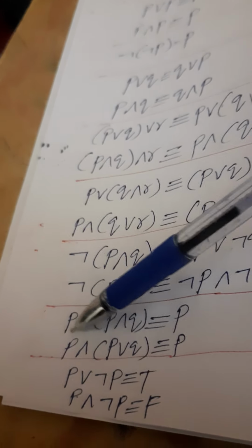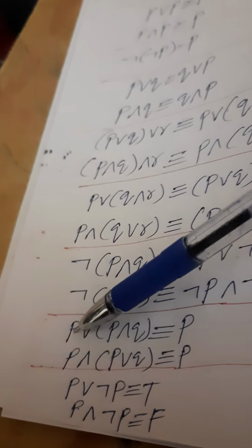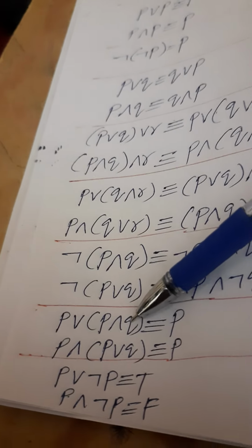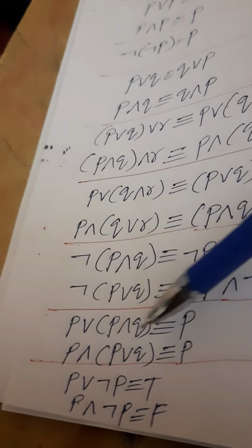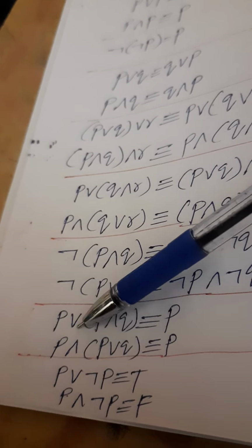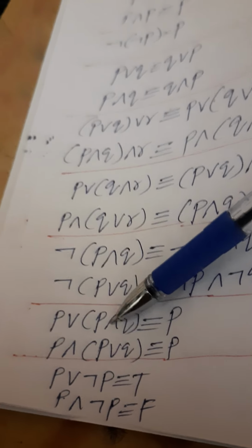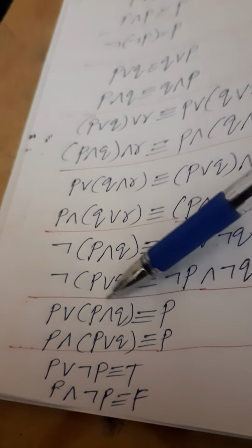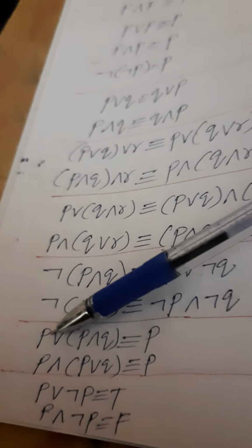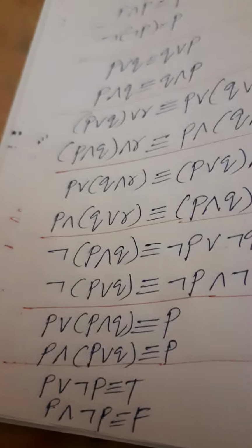If we take P is equal to 0, we are getting 0. Suppose we take P is equal to 1 and change the Q value, Q is equal to 0. P is equal to 1 or 1 dot 0. 1 intersection 0 means 0. We are getting 1 only. Whatever P value we take, we are getting the P value only.